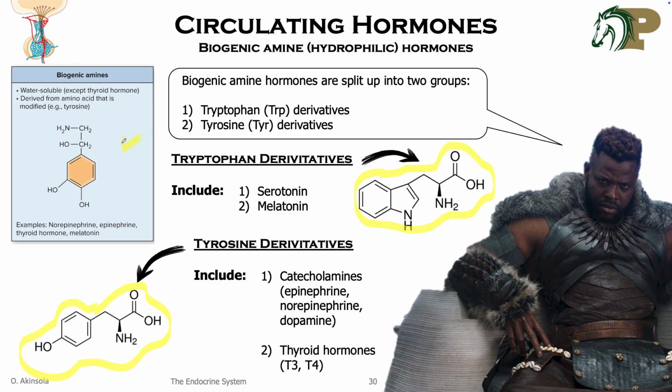Over here in this example, this particular amino acid is tyrosine. So that's this down here. Again, your catecholamines and thyroid hormones will come from tyrosine. Serotonin and melatonin will come from tryptophan.